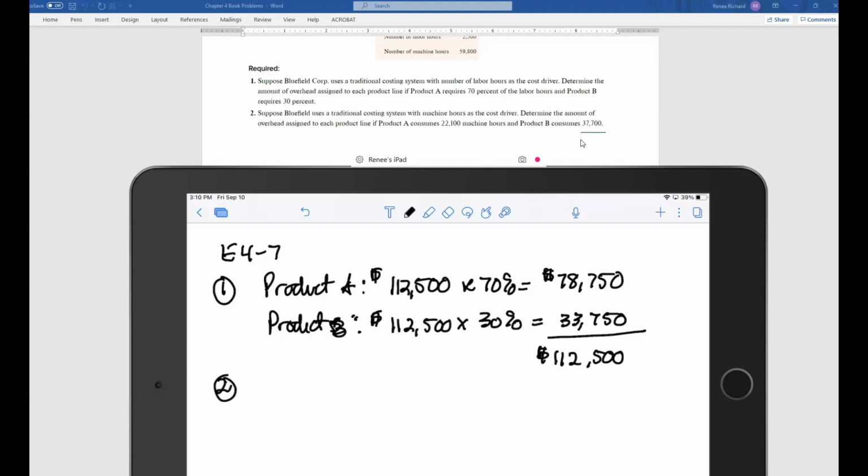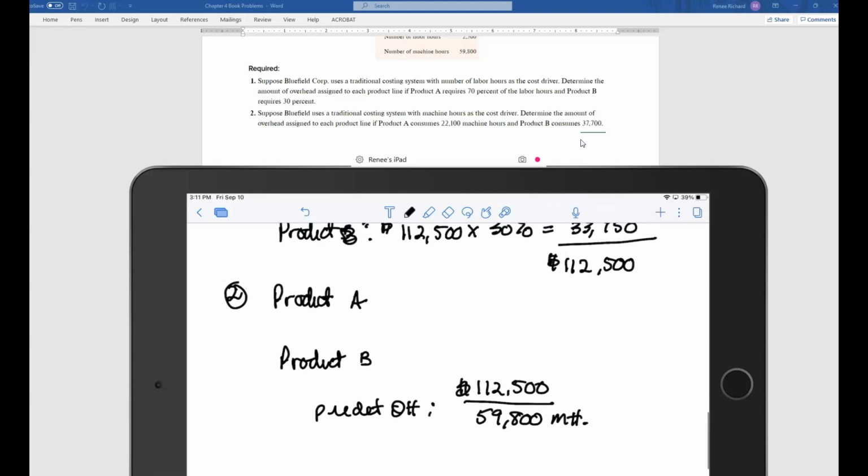So what we'll do is say product A and product B. Let's figure out our predetermined overhead rate. That would be the total estimated cost, 112,500, divided by the total estimated machine hours of 59,800.